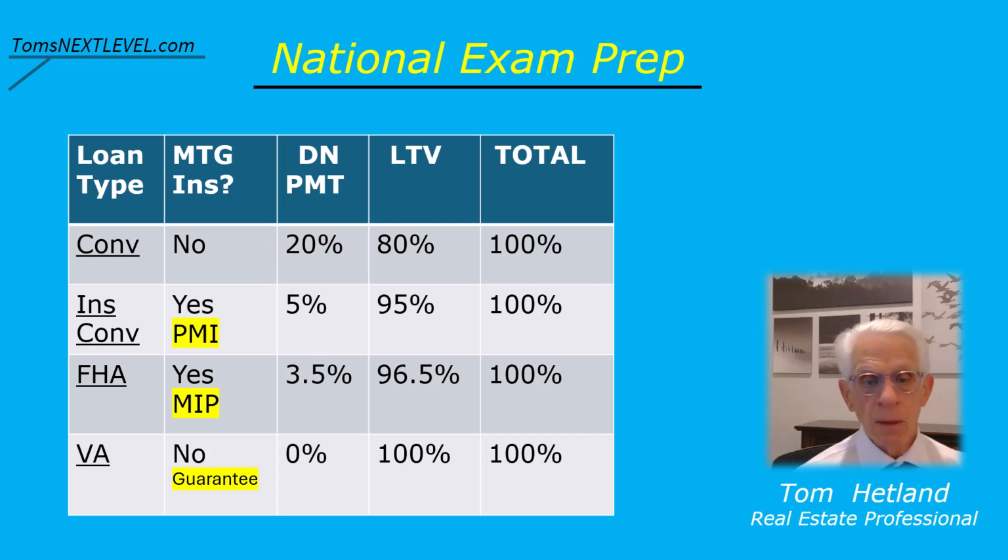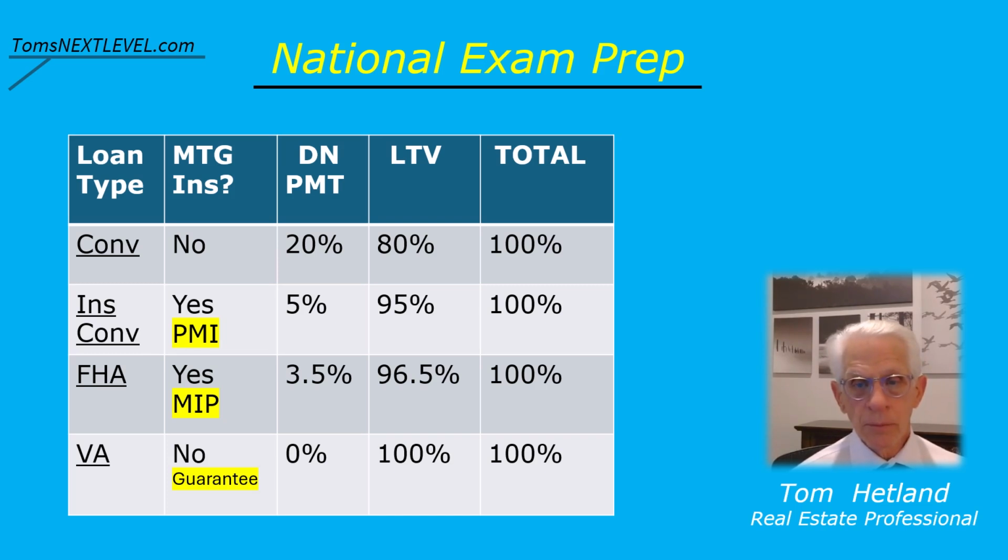The borrower put 20% down, which means the loan to value was what percent? Because they always total 100%. With 20% down, the loan to value of 80% totals 100%, but the conventional lender told the borrower, if you put a minimum of 20% down, you don't have to pay mortgage insurance. So that's why the borrower put 20% down.